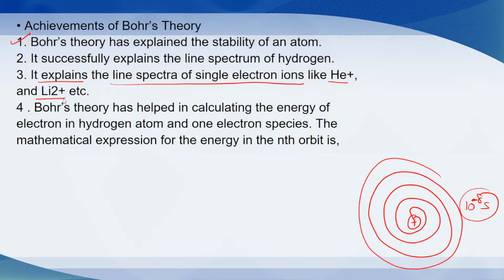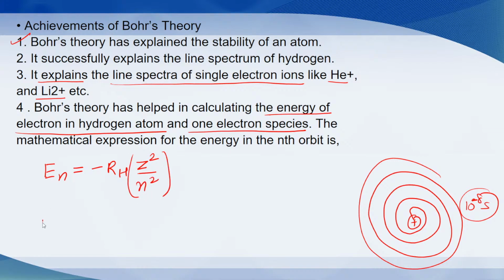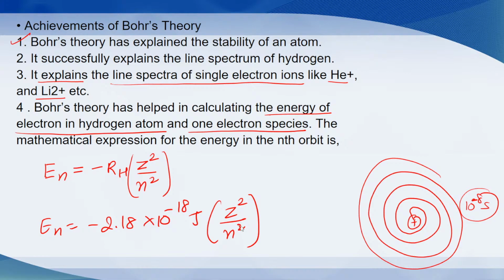And Bohr's theory has helped in calculating the energy of the electron in hydrogen atom and one-electron species. The mathematical expression for the energy in the nth orbit is En equal to minus RH into Z square over n square, and that energy is minus 2.18 into 10 raised to power minus 18 joule into Z square over n square. This joule is per atom.